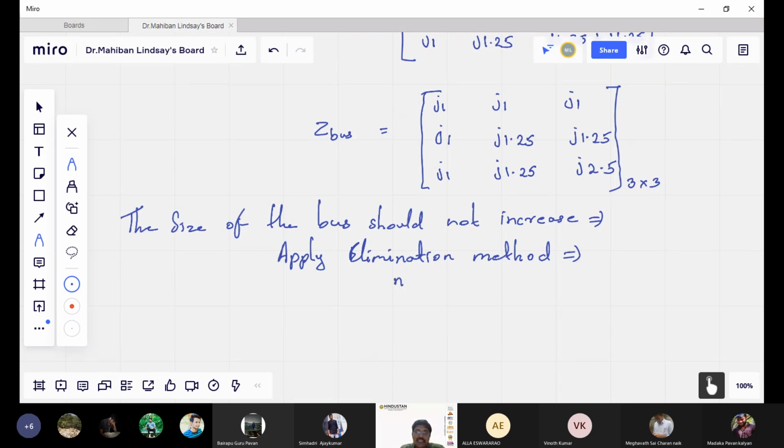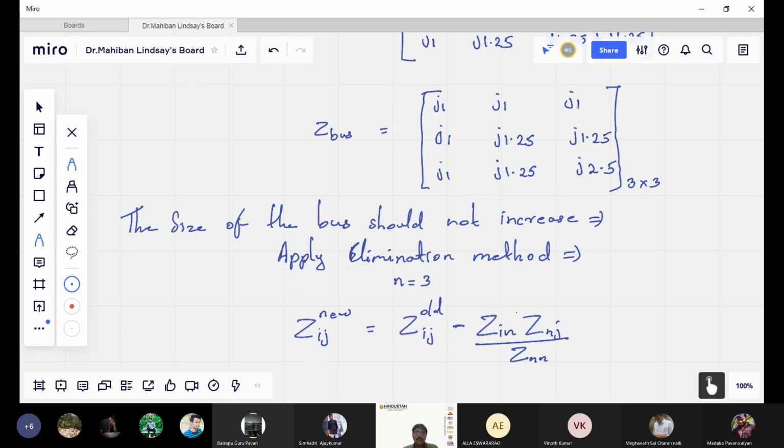So here n should be 3, and I will write you the elimination formula, that is Zij new is equal to Zij old minus Zin Znj divided by Znn.